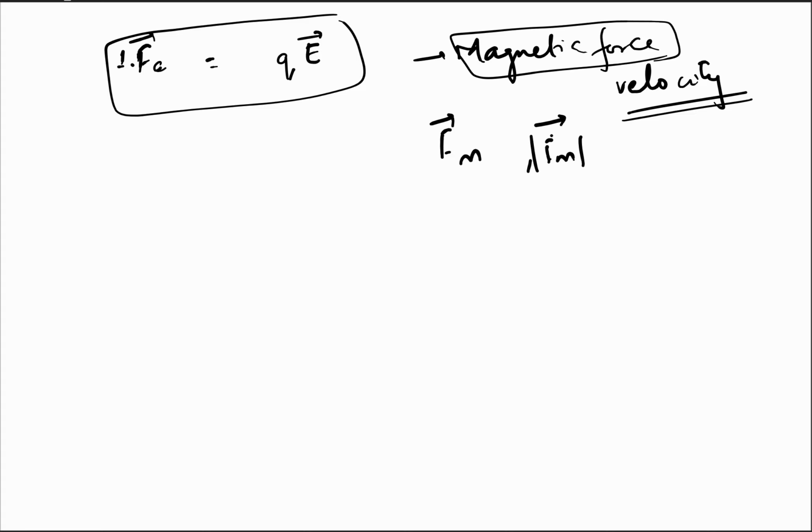Also, at every instant this force is always perpendicular, or at right angle, to a fixed direction in space. That is, let us say this is the charge moving with velocity v. So this magnetic force is going to be perpendicular to a specific direction at every instant, and also the magnitude of this force is proportional to the component of the velocity of this charge at right angle to that fixed direction.